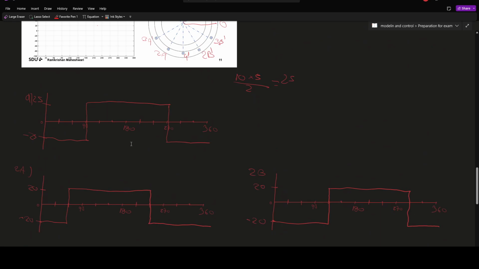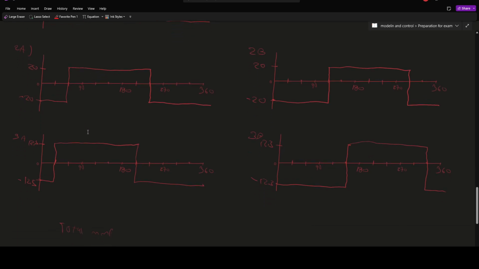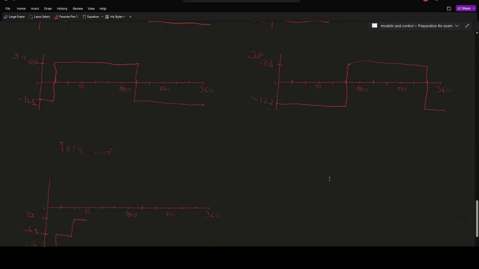Now, from 90 to 120, we have plus 25, plus 25, plus 20, I'm sorry, plus 12.5, minus 20, minus 12.5. And that's going to give us plus 25. From 90 to 120, I can already guess that this is gonna be 65 and this is gonna be 90.